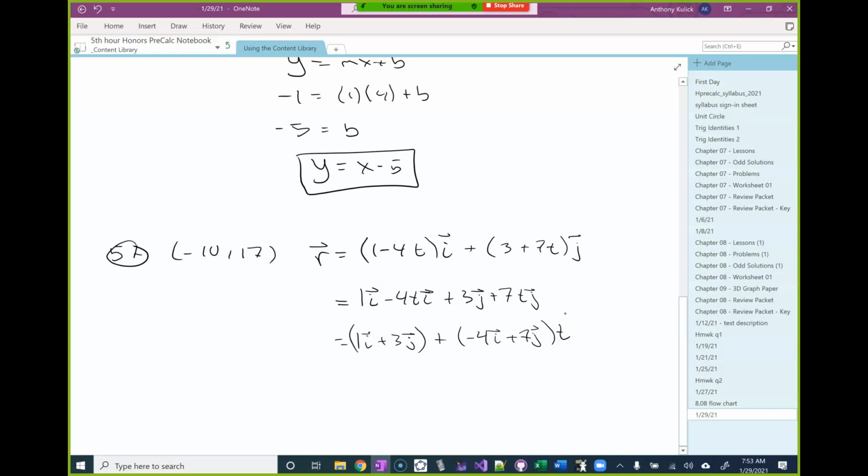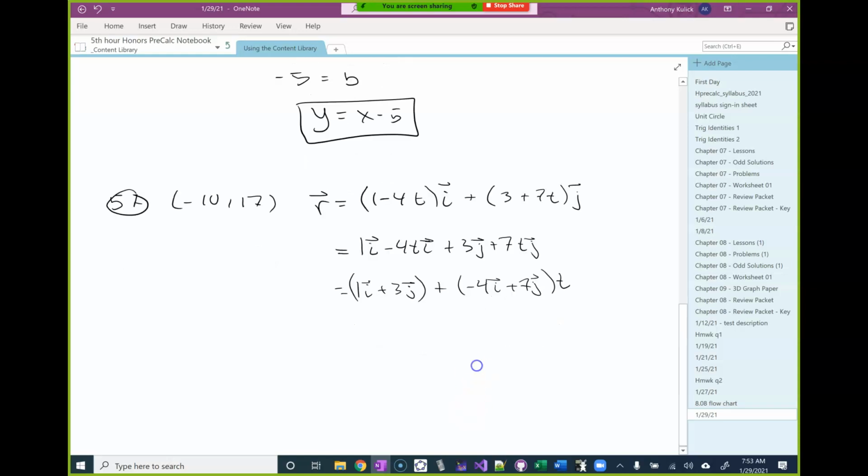Okay with that? Now I can translate these into component or IB component form because the i coefficient is the x coordinate and the j coefficient is the y coordinate. So that just becomes the point 1, 3, or the vector 1, 3, and that becomes the vector negative 4, 7.